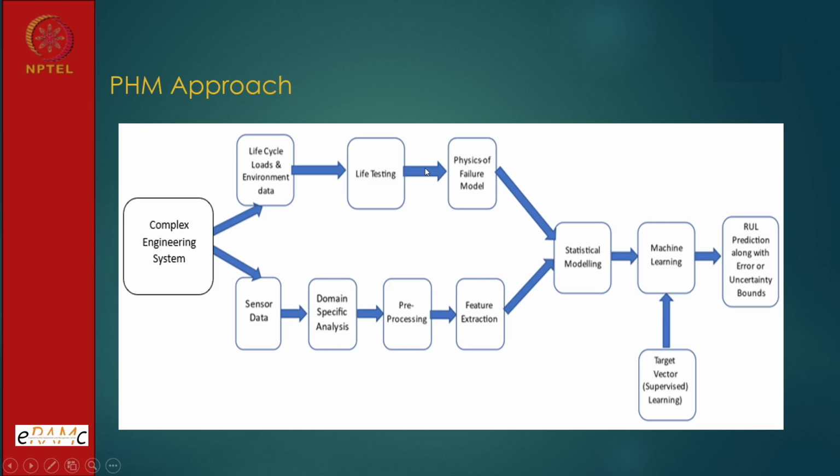And then a physics of failure model is created. That means a model that will give an estimate of remaining useful life based on the parameters it is a function of. So you get a very scientific approach for giving a remaining useful life prediction.